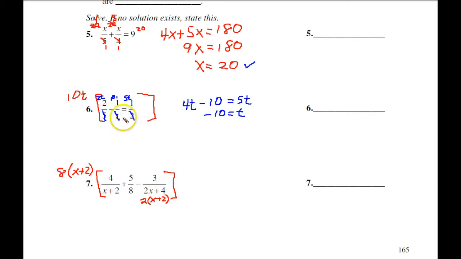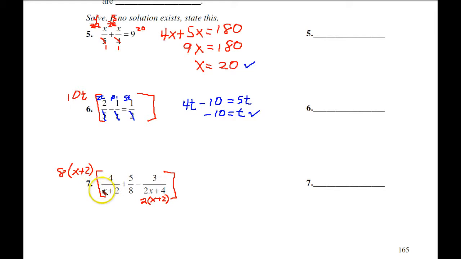And again, we're getting rid of the fractions. So this is just another method. So 2t times 2 is 4t. Now a negative 10 times 1 is negative 10. And 5t times 1 is 5t. We're going to transpose the 4t to keep our t's positive. We end up with t equals negative 10, and this checks.